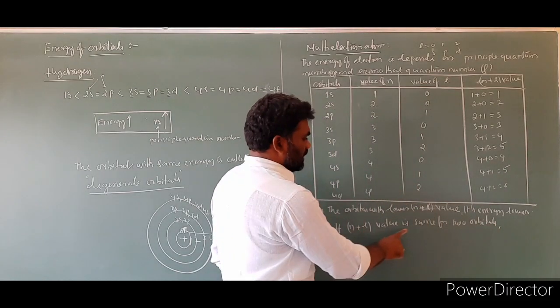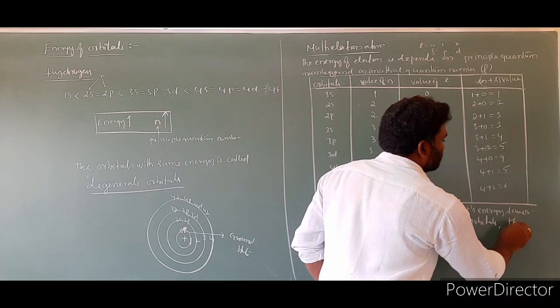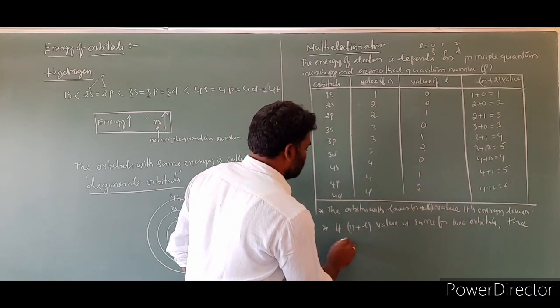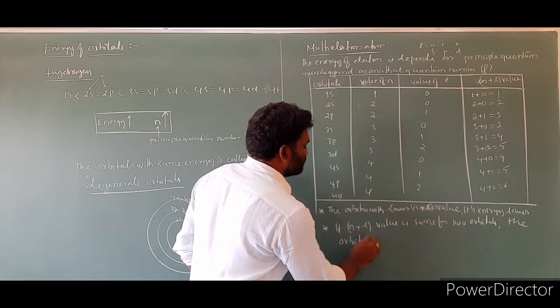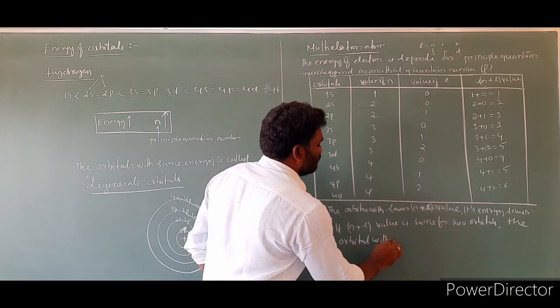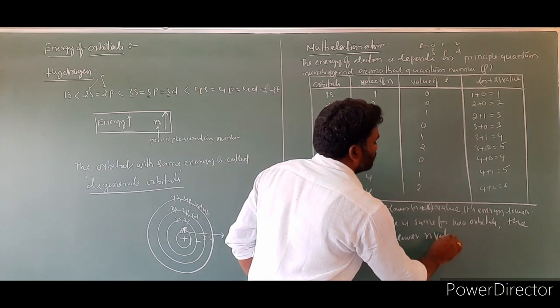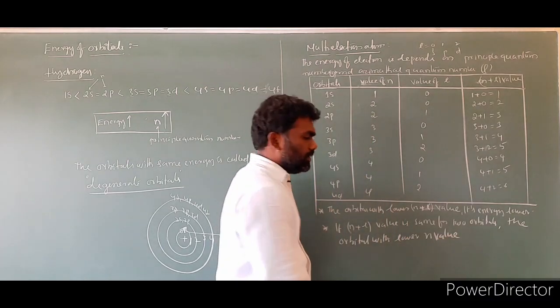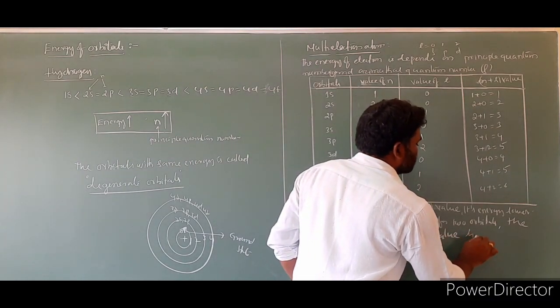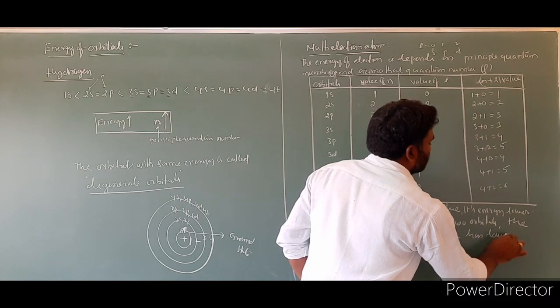If n plus l value is the same for the 2 orbitals, the orbital with lower n value has lower energy.